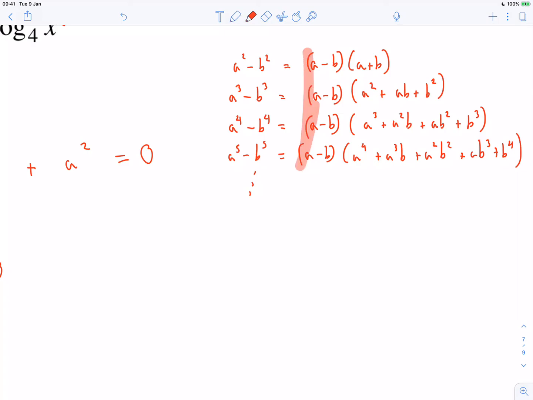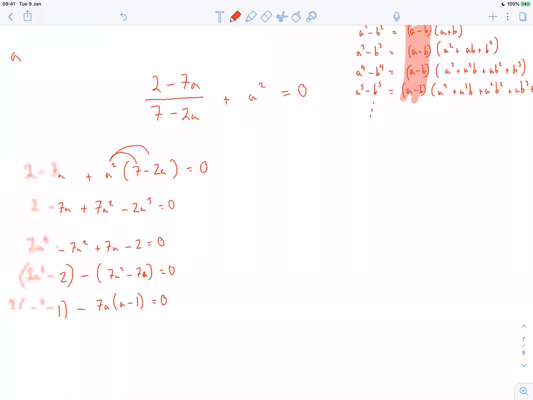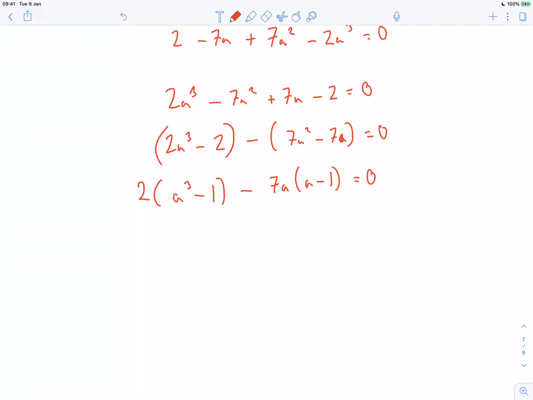They all have this a minus b term in front, and I'm going to abuse that, because if I let b equal 1, then a cubed minus 1 is a minus 1 times a squared plus ab plus b squared, which is plus 1.